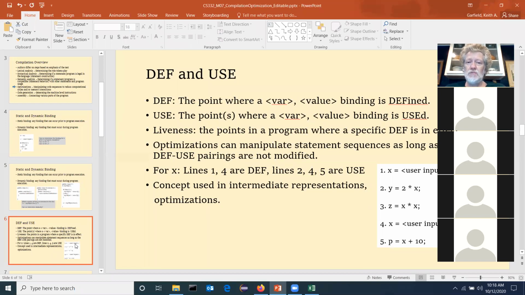Okay, a couple of terms that are widely used. Def and use. Def is where the binding to a variable is defined, and use is where the binding is used. So by def, remember we talked earlier, last week, about the program store, this notion of variable value bindings. That's a direct correlation to memory, where you say there's a memory location associated with a variable name, and we put a value in that memory location.